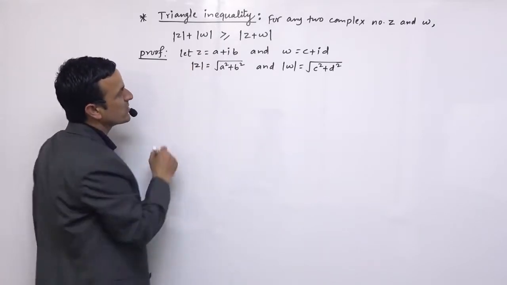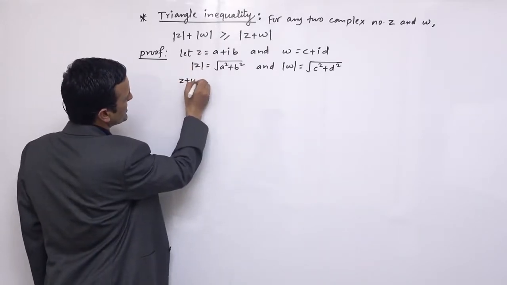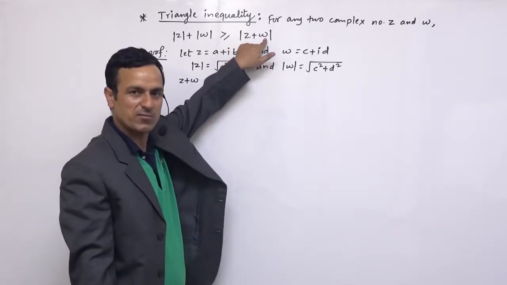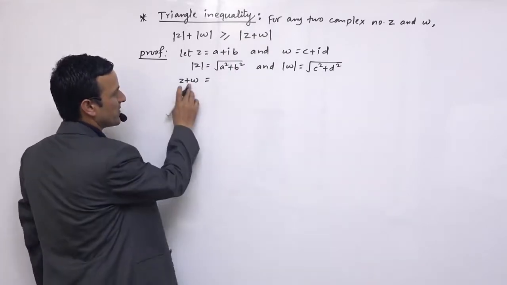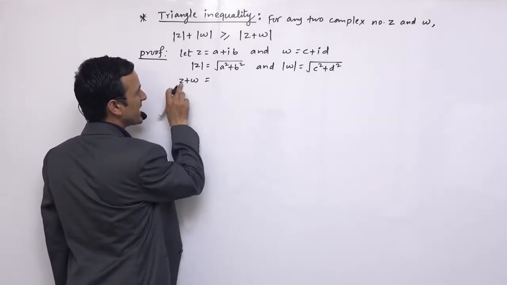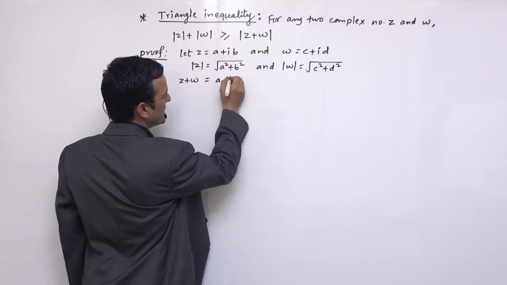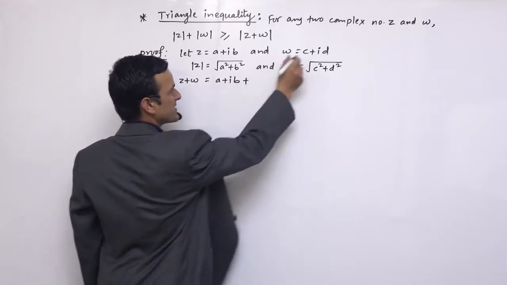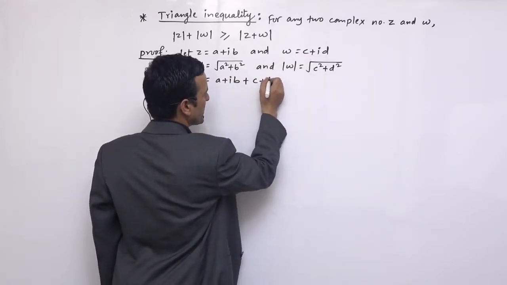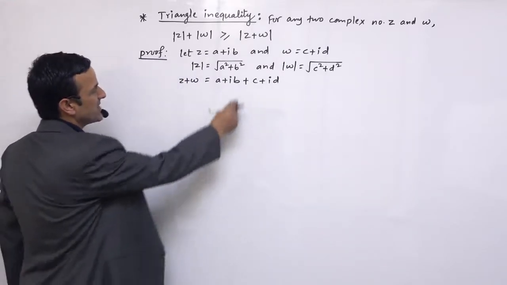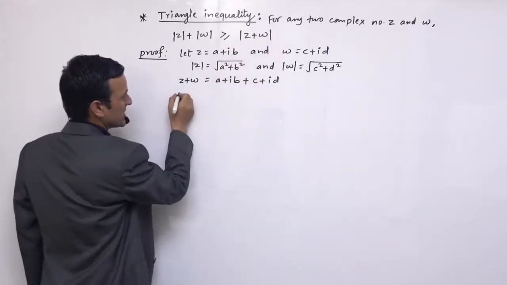Again, we can find the value of z plus w, because in the question we have z plus w. So first of all, find the value of z plus w. Put the value of z in this place, plus w means c plus id. And the modulus of z plus w is also given.